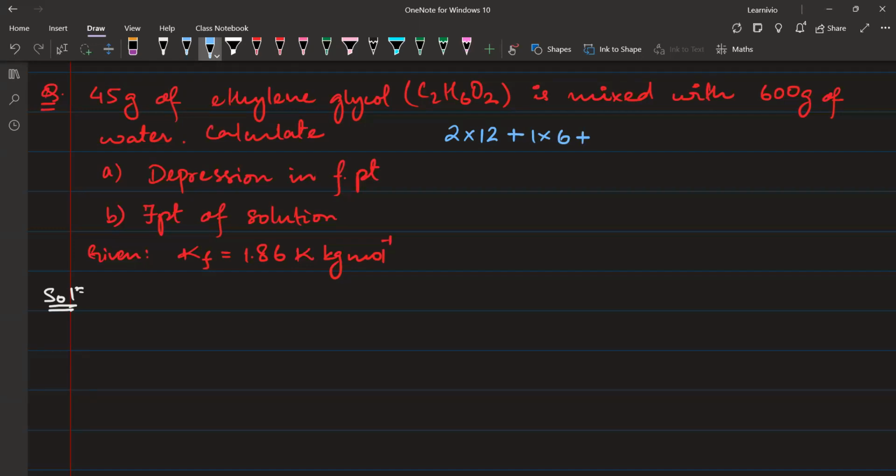And O2 will be how much? 16. 16 for 1 oxygen. So for 2 oxygen, it will be 2 into 16. Make sense? Yes, sir. So 12 2s are 24 plus 6 plus 16 2s are 32. 24 plus 6 will be 30. 30 plus 32 will be 62 grams per mole. The unit is not very important right now if you understand it. Now you can plug in the value of the molar mass of ethylene glycol and then you can move forward.